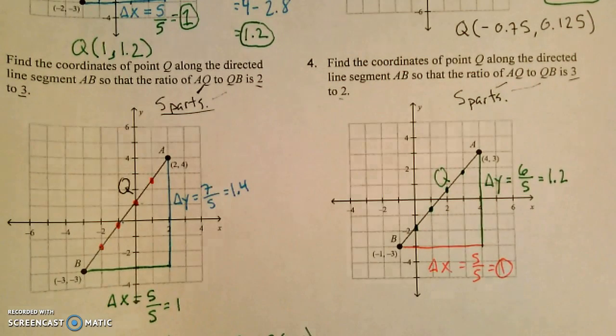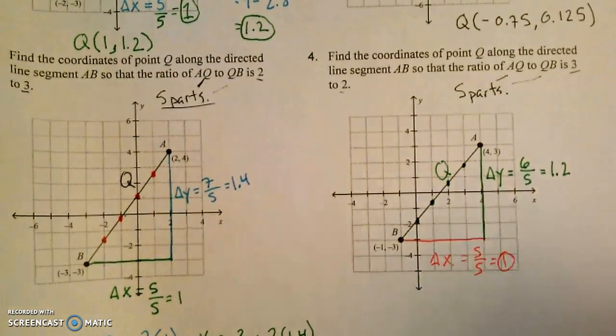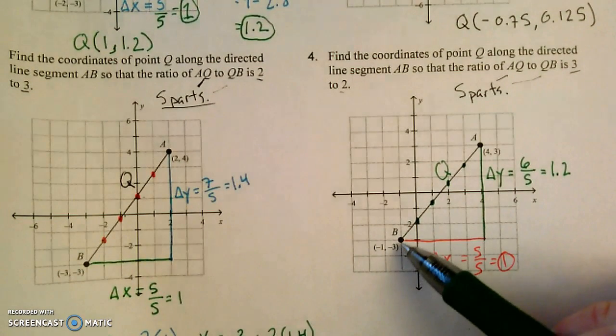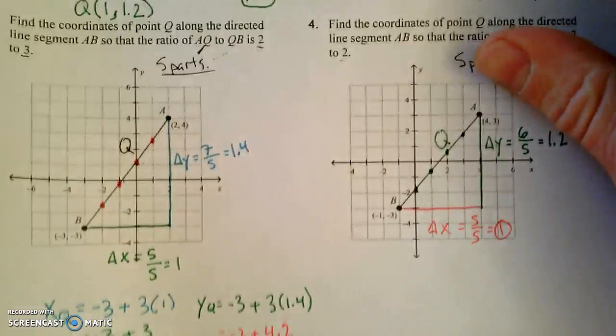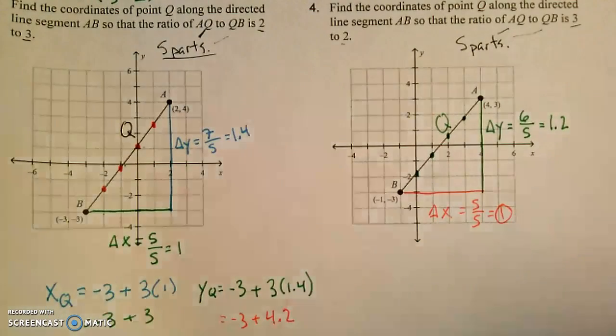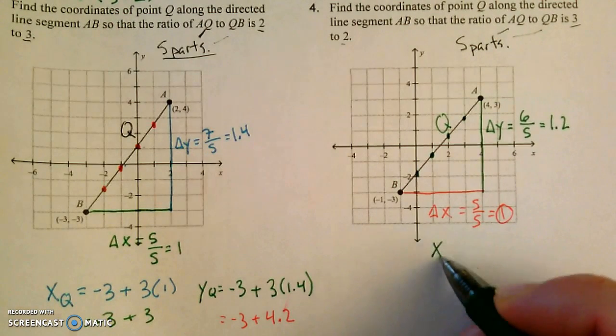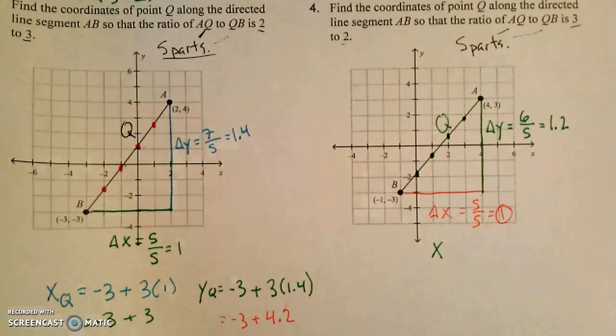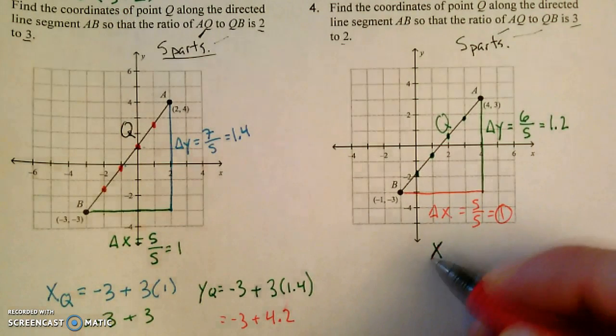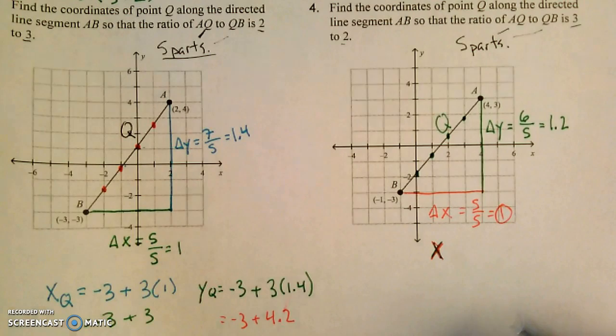Now we have to find the actual coordinates for point Q. Let's start again from B. It seems an easier choice because we're adding instead of subtracting. So starting down here, we want to find the x coordinate. Let's do my color coding here, so x might be in red since this is all in red down here.